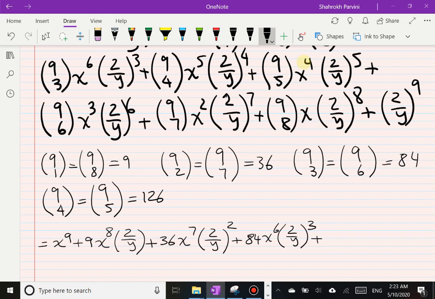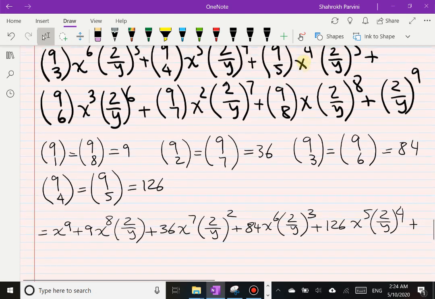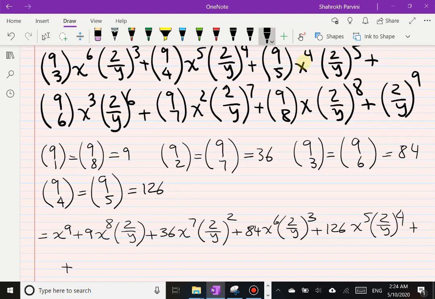Lose an exponent on x, gain an exponent on the fraction. Next, 9 choose 4 kicks in, 126. X to the fifth, 2 over y to the fourth, plus. So we just did 9 choose 4. Then 9 choose 5 kicks in, 126. Lose an exponent on x, gain it on the fraction.